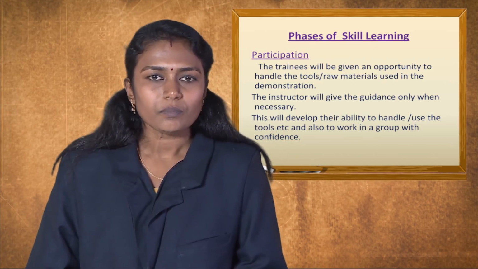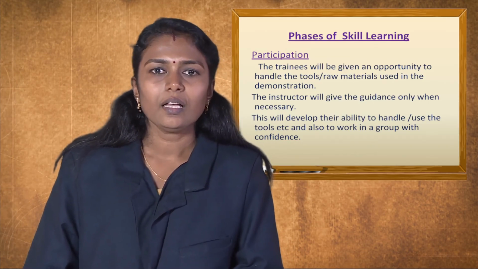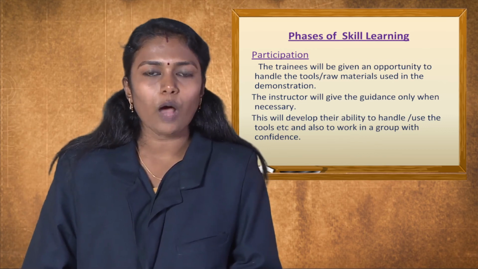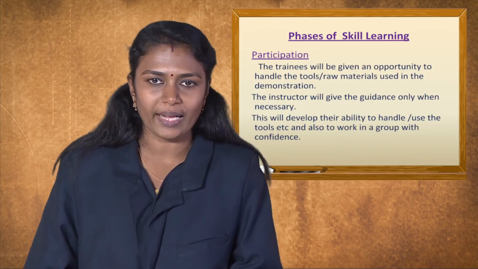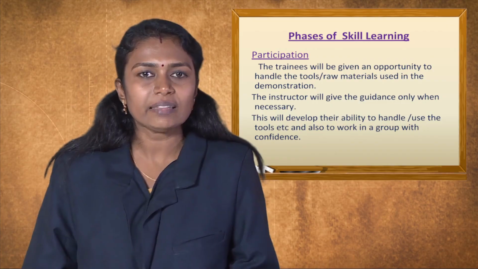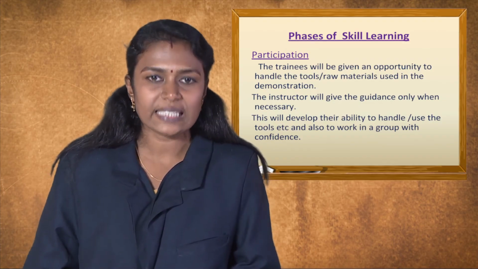After the observation, the trainee immediately has to practice this, and has to know how to handle the tools and raw materials in a proper manner. And also in this participation stage, the instructor has to guide them if necessary.